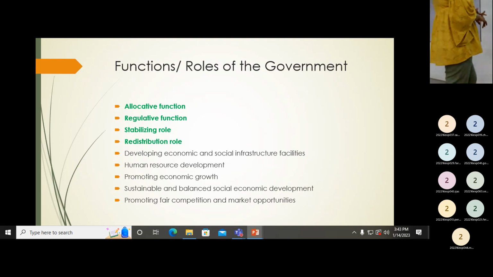Then human resource development in a country. Government should promote economic growth. Then should ensure sustainable and balanced social economic development. We discussed about sustainable development last week. So government is responsible for that.